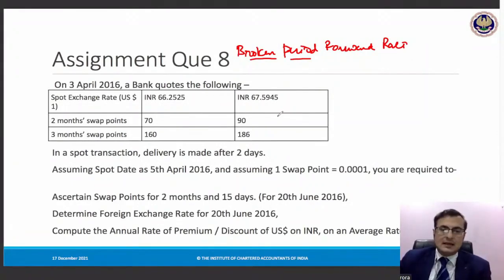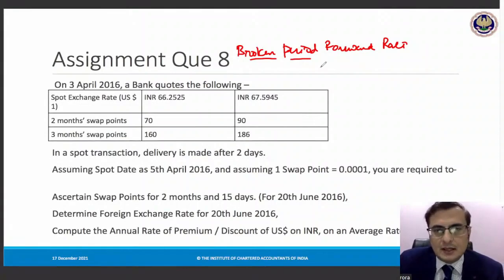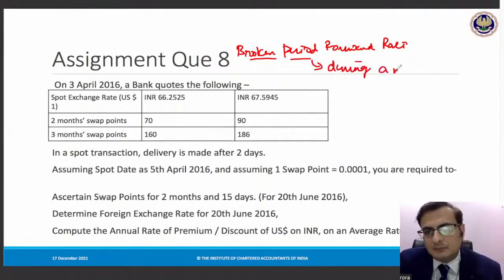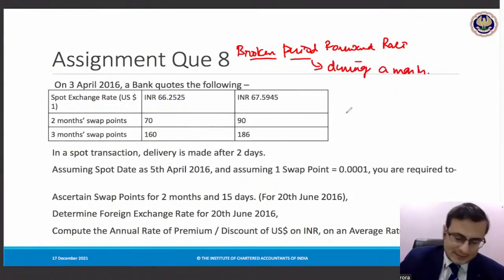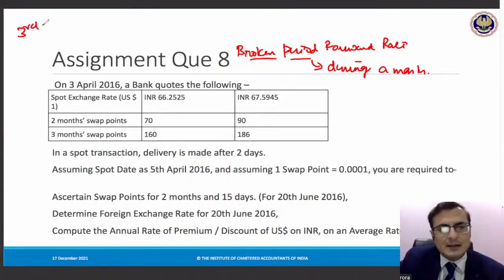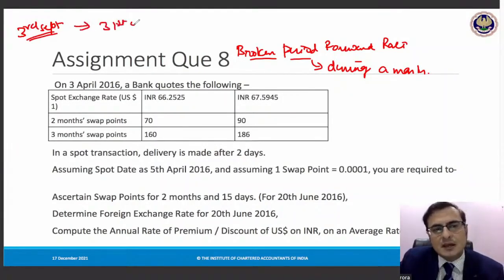See, something which is happening during a month. The transaction in the previous question was very simple. You are taking a 3rd September date and that is ending on 31st October. So you plainly took 2 months.